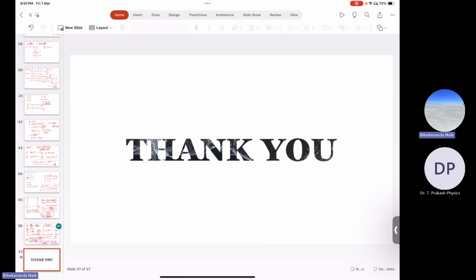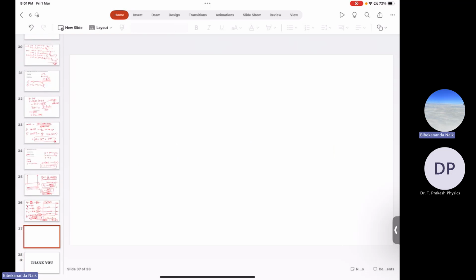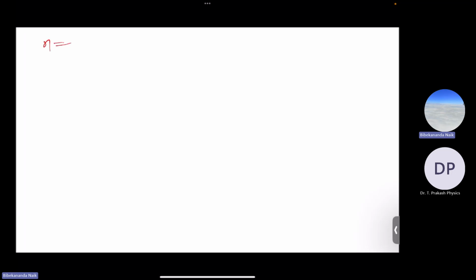But I want to tell you another important concept, and that is degeneracy. The minimum value of n will be 3, because nx, ny, nz are three values, and the minimum value of each is 1.